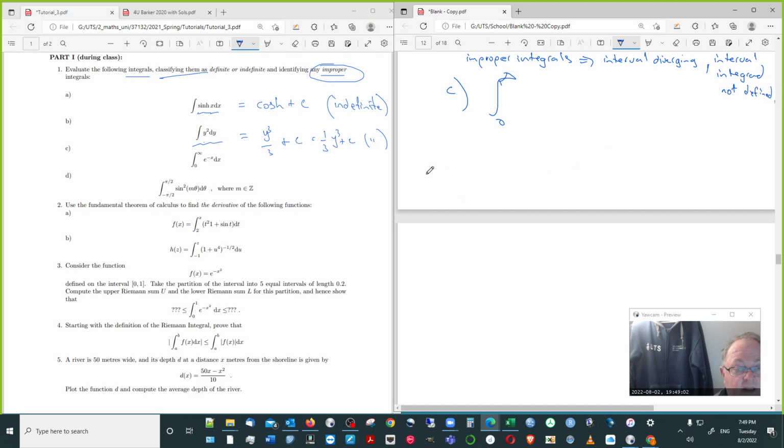And a simple one is you understand 1 over x. 1 over x has the geometric interpretation that as it approaches 0 from above and as it approaches 0 from below, it doesn't actually take on 0.